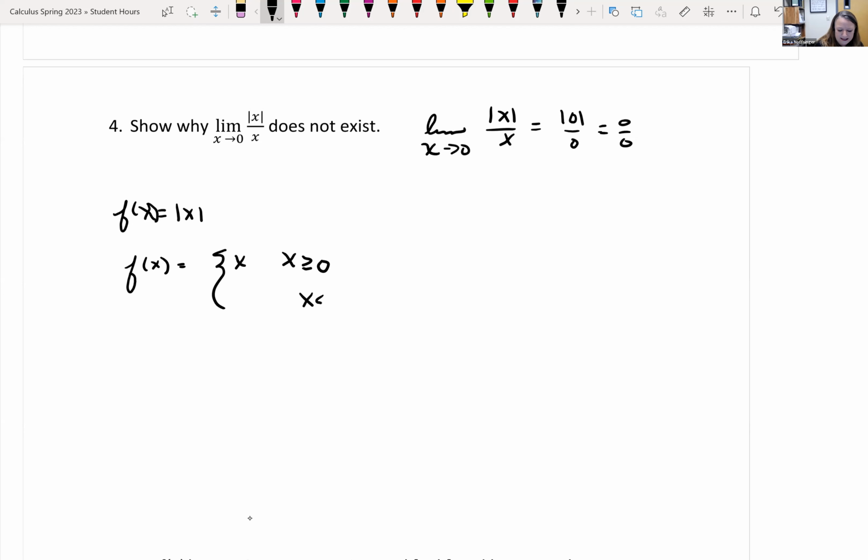If x was less than 0, though, in order to find the absolute value of it, so if I take the absolute value of a negative number, basically I'm taking the negative of that negative number to make it positive. So this would be negative x. And so let's look at the limit as x is approaching 0 on the left-hand side of this absolute value of x over x.